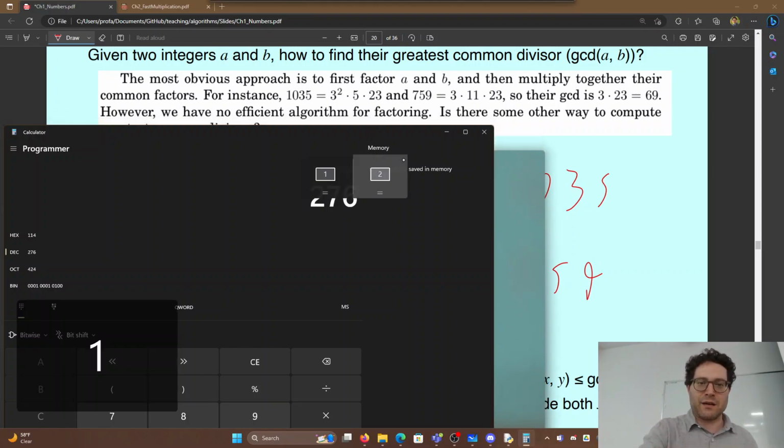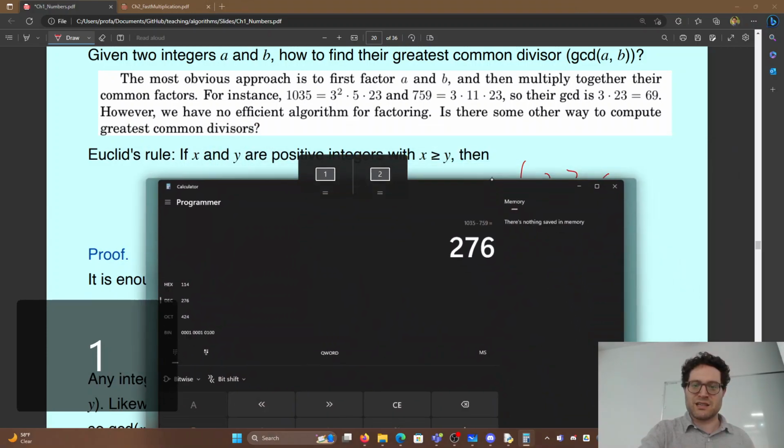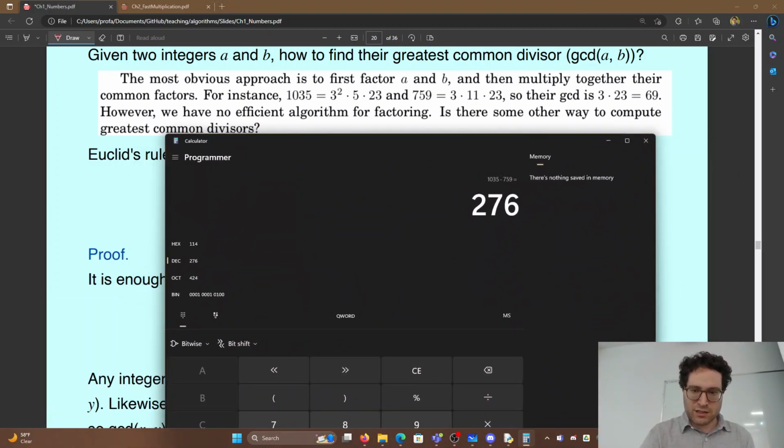So we're saying that 276 is also divisible by 69. If we check, it is indeed divisible by 69.